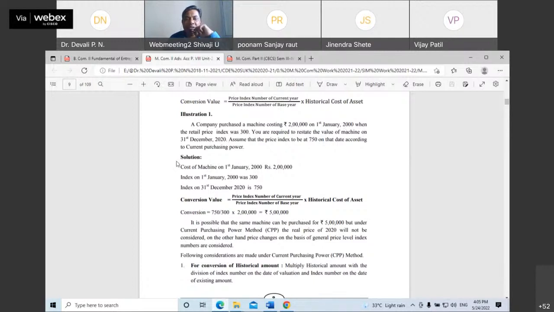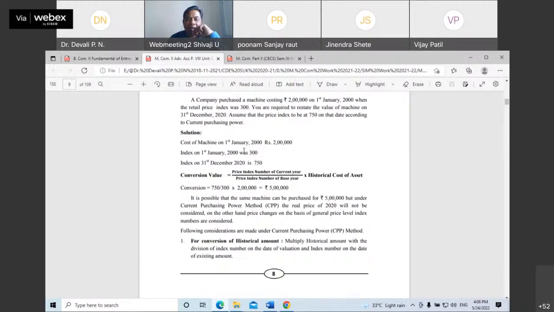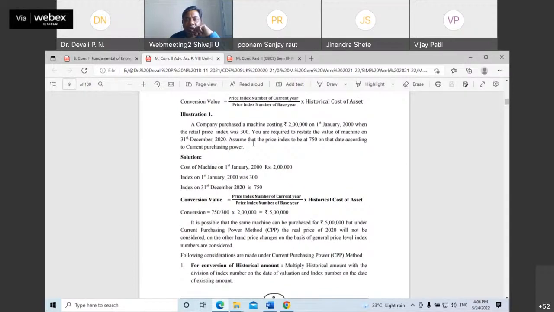See the gap, 2000 is there, 2020 is there. Assume that the price index is 750 on the date according to the current purchasing power. So when you are considering the value of the particular machine on 31st December 2020, the price index is 750.